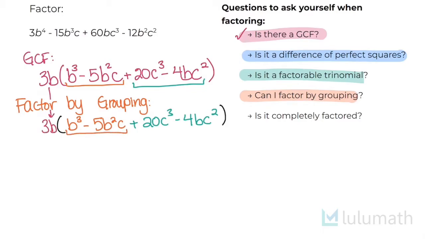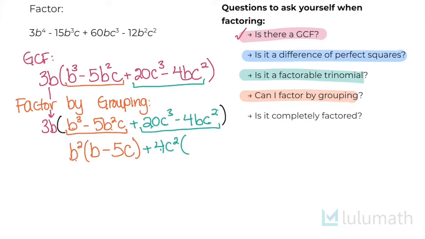Well, looking at my first group, I can see that they have a b squared in common, so I will factor that out. Well, when I factor out a b squared from b to the power of 3, I have a b left over. And when I factor out a b squared from negative 5b squared c, I'll have a negative 5. The b squareds cancel, and then I have a c left over. Now, in my second group right here, I can see that there is a 4 in common, and there are also c squareds in common.